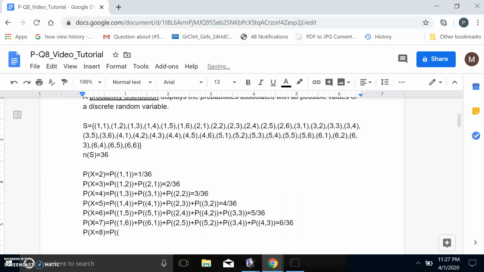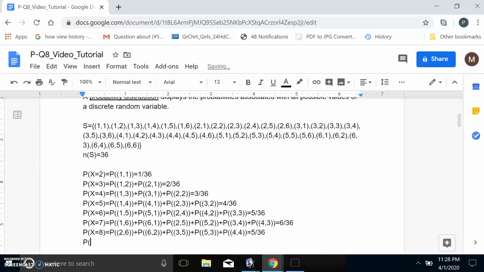So I can't use 1 anymore because I can't get 8 if I have a 1, so it'll be 2 and 6 plus probability 6 and 2 plus probability 3 and 5 plus probability 5 and 3 plus probability 4 and 4. See, that's it then if you count them 1, 2, 3, 5 of them.